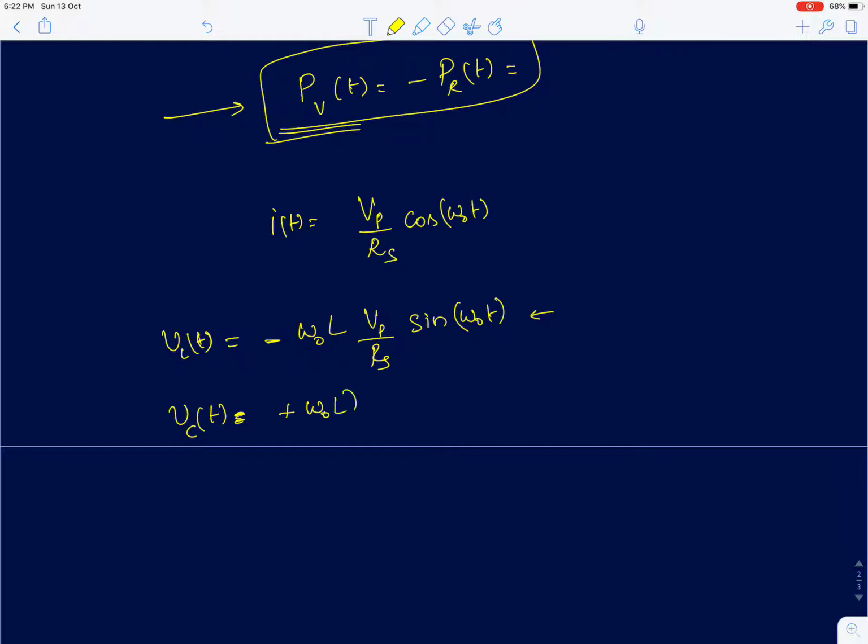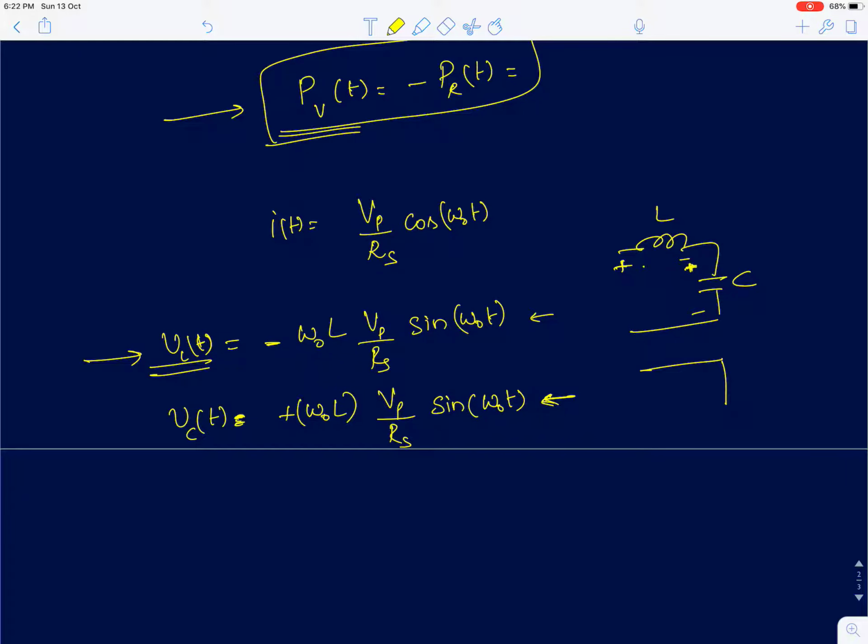I can simply write it as omega naught L into Vp by Rs sin omega naught t. Okay, so this voltage I derived by L di by dt, and for this voltage I simply use the fact that at the resonant frequency, if you recall from the last lecture, the voltages across the inductor and capacitor were of opposite polarity, such that the inductor and capacitor behave like a short circuit.